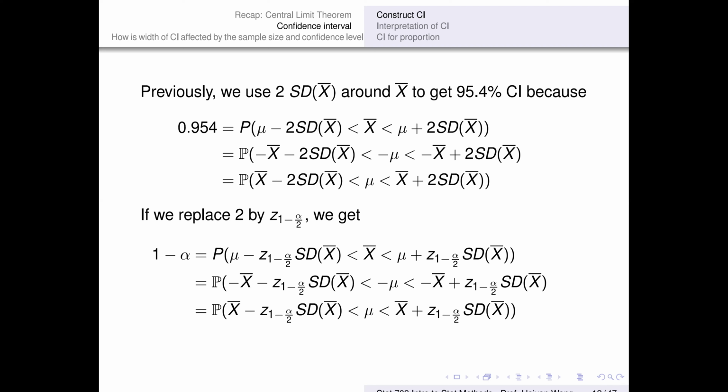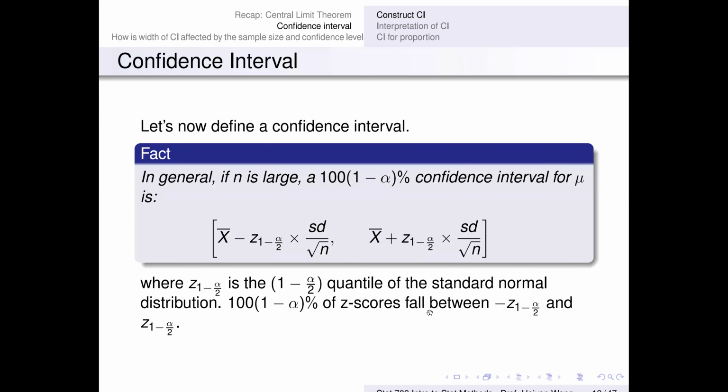And x bar plus minus 1.96 standard errors would give us the 95% confidence interval. So in general, if we want a 1 minus alpha confidence interval, we would use x bar plus minus the 1 minus alpha over 2 percentile from the standard normal times the standard error, SD divided by square root of n. And this is assuming n is large enough.